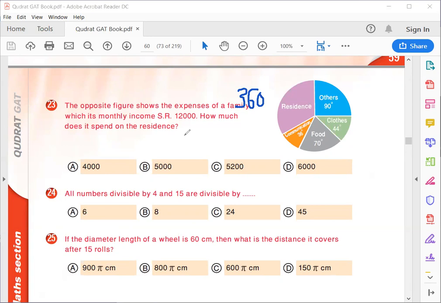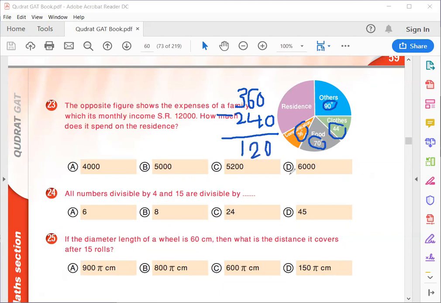You subtract from here. I have 40, 44, 90, 70, 36. You add them and subtract from the sum of all angles. When you do, you get the angle 120, right?